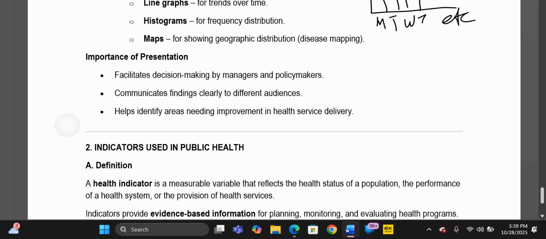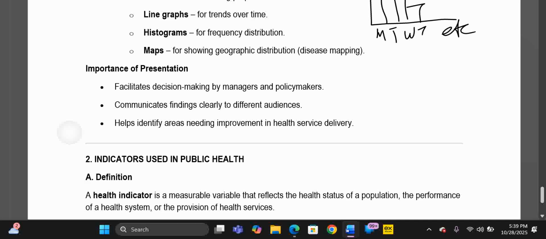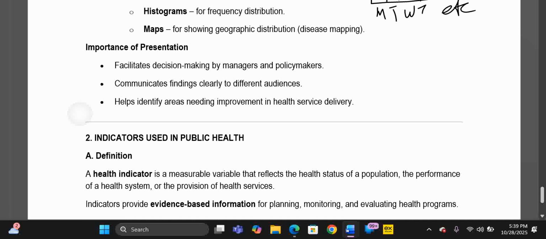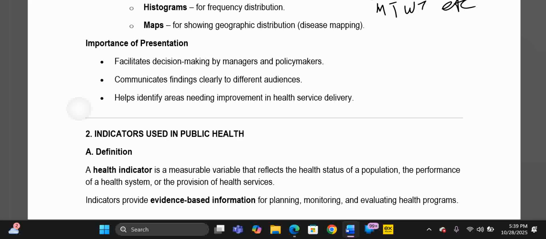So data presentation is very important because of the following three reasons. One is that it makes it easy for managers and policymakers to make effective decisions. It also helps in communicating clearly to different groups of people that might not understand, but presentation makes it very clear to them to know what is being done and what is going on.